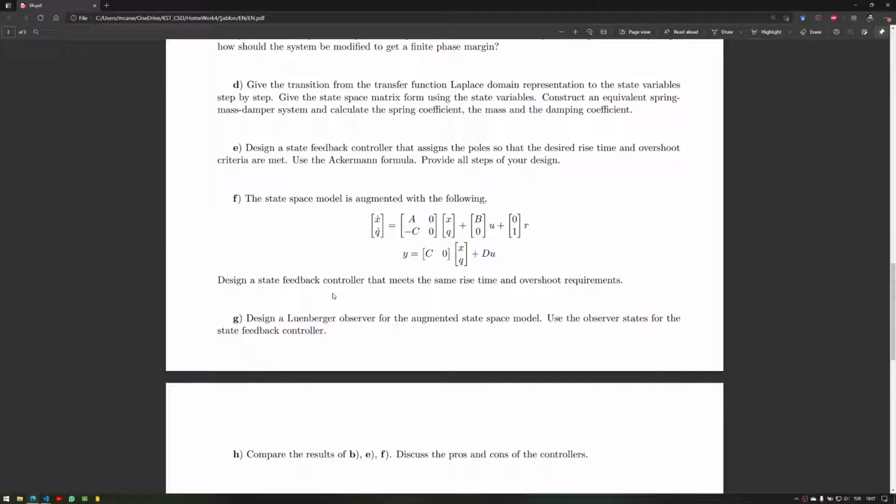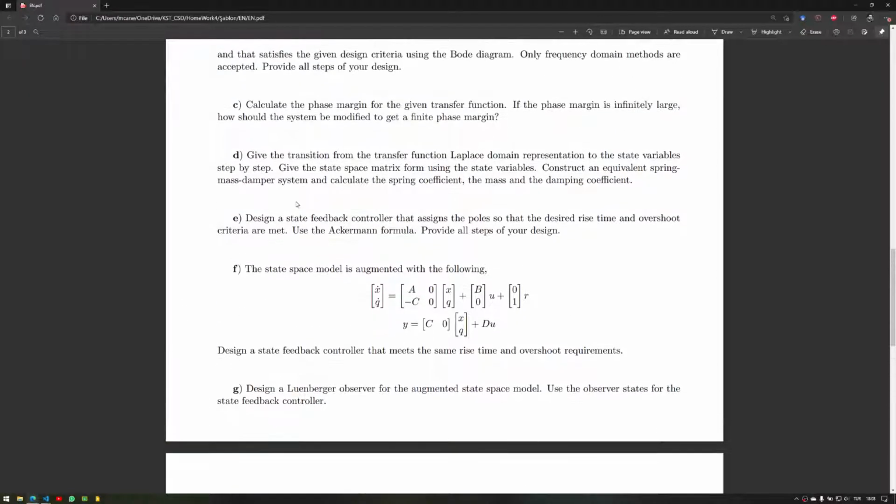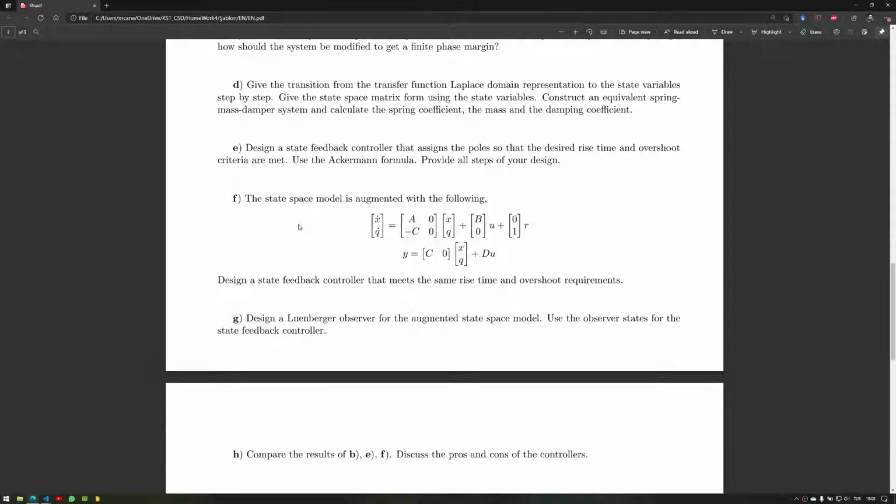If you use your lecture notes or laboratory notes or textbooks, then some of the designs are available already. So using the Ackermann formula and designing a state feedback for E, F, and G, they're pretty much not that hard, since you already know how to apply the design step by step for E, F, and G.